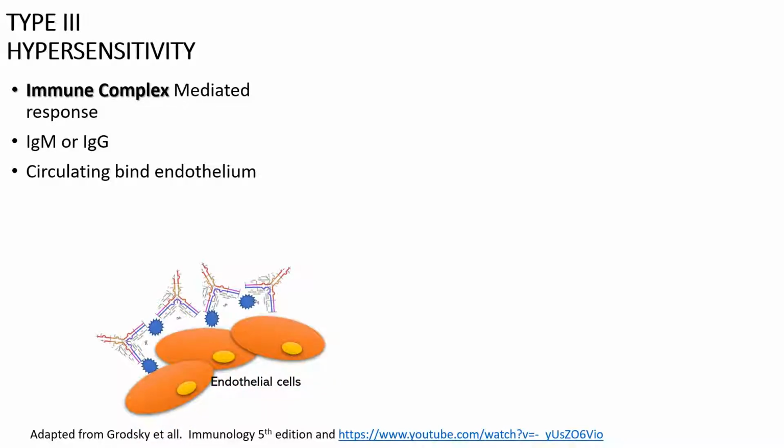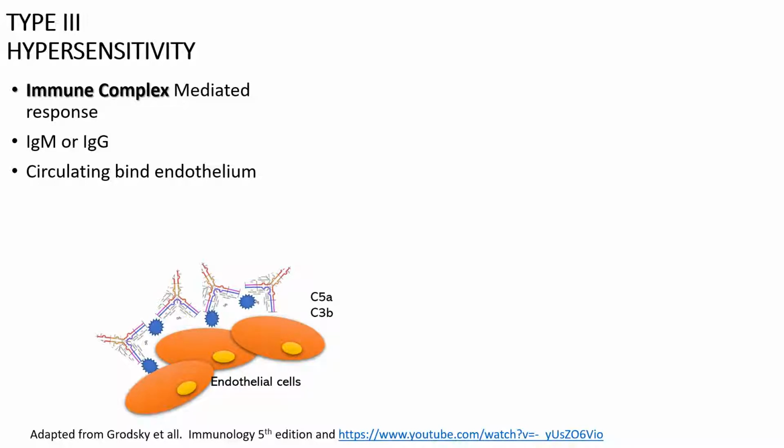Type 3 hypersensitivity requires the formation of immune complex. And it can be with IgM or IgG. Again, these are antibodies that the individual will be producing to the allergen or to the drug that's immunogenic. So in these complexes, what happens is that the allergen or the drug will be bound by several molecules of the antibodies from the patient, and they produce complexes that deposit on different tissues.